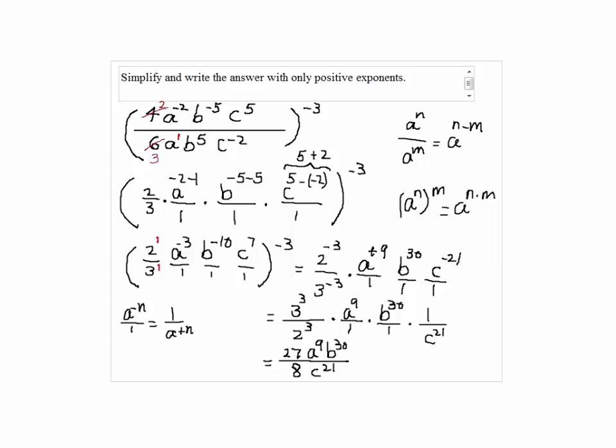You notice that I didn't have to worry about negative exponents at the beginning or middle of the problem. I took care of that at the end. So at the end, if you have any negative exponents, make sure to use this property to make them positive.